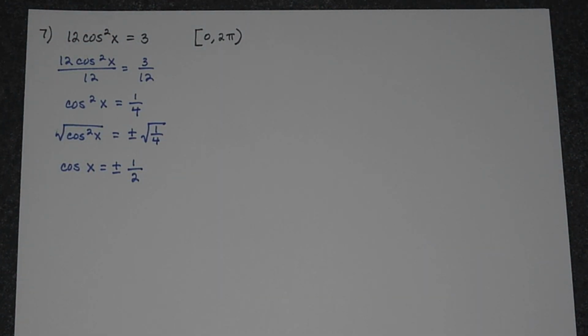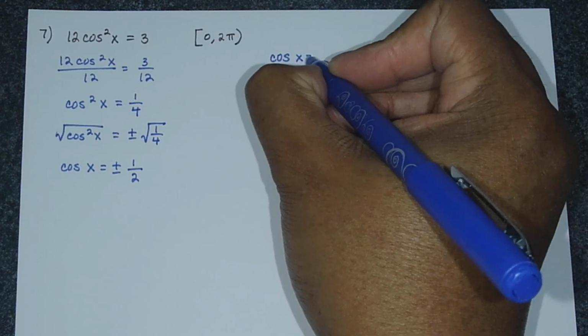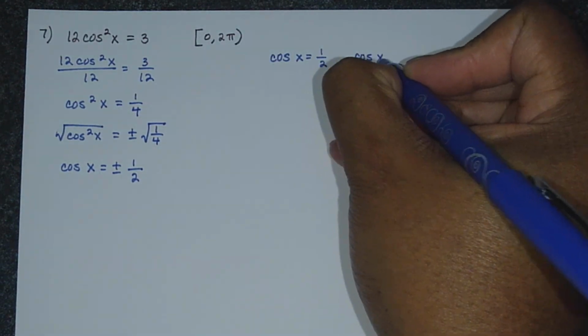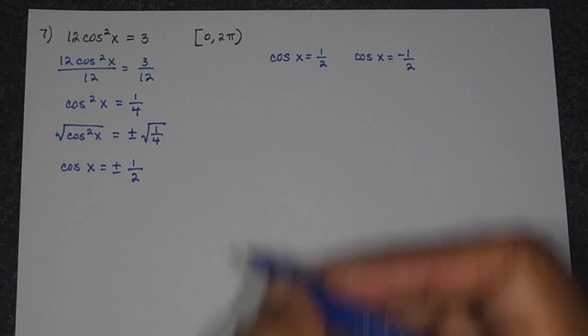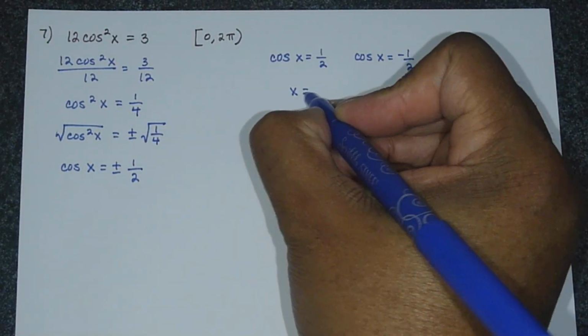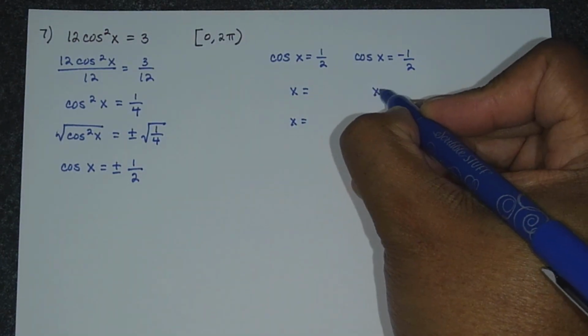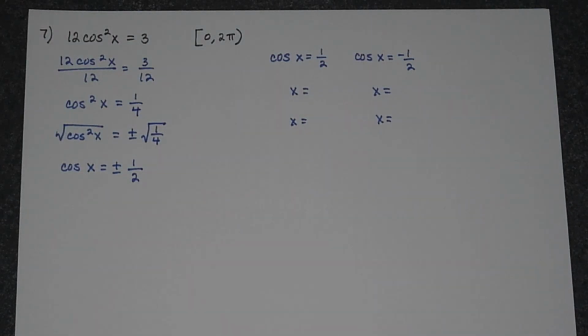So I got cosine of x is equal to plus or minus 1/2. What that means here is that the cosine of x is equal to positive 1/2, and cosine of x is equal to negative 1/2. Now we're going to need all values of x, in terms of pi, where the cosine of x is equal to 1/2 and where cosine of x is equal to negative 1/2.